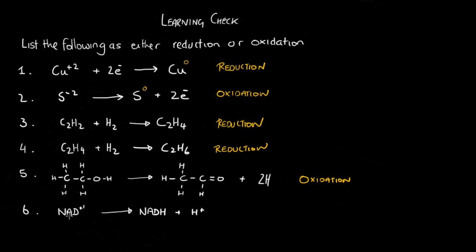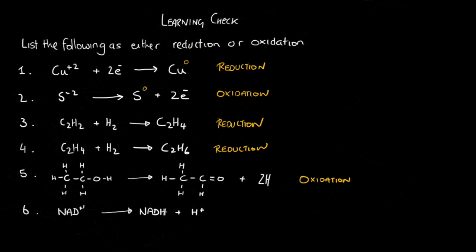Okay, this is a coenzyme that you'll come across in biochemistry. It's called NAD, stands for nicotinamide adenine dinucleotide. And in this particular example here, you could see that it starts off as NAD with a positive charge, but goes down to NADH. Its charge has been lost by gaining a hydrogen.